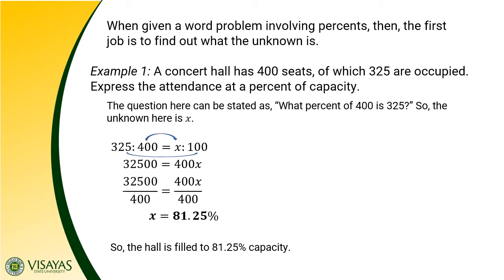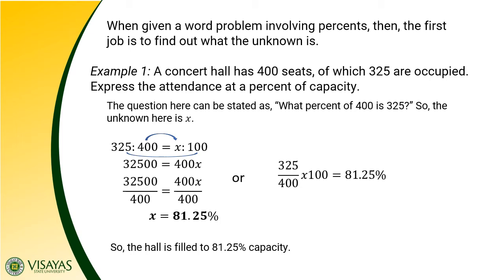Actually, we divided 32,500 by 400, then multiplied it by 100 to put it in percent form. So we get 81.25%, which means that 325 is 81.25% of 400.